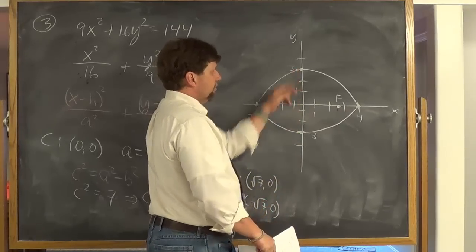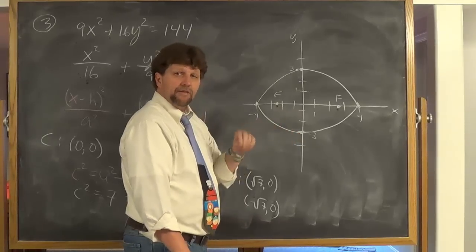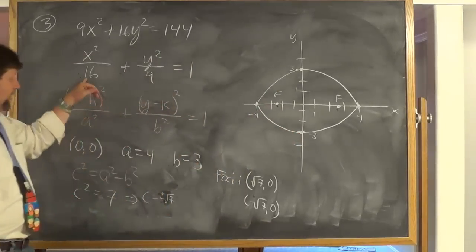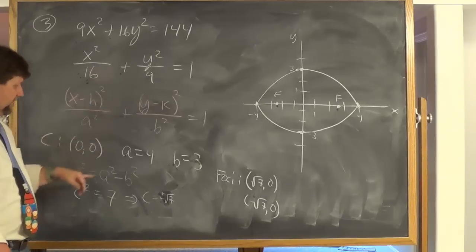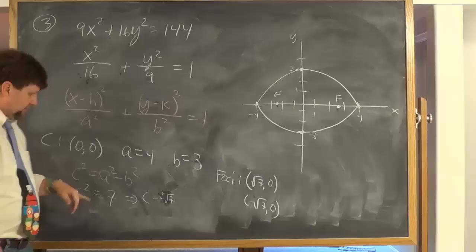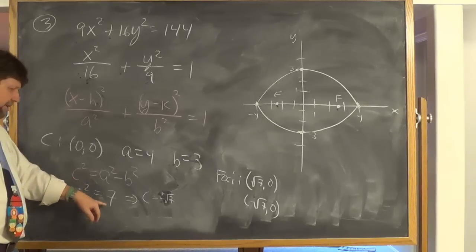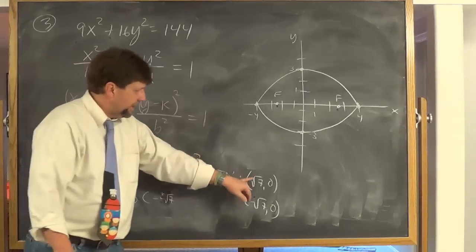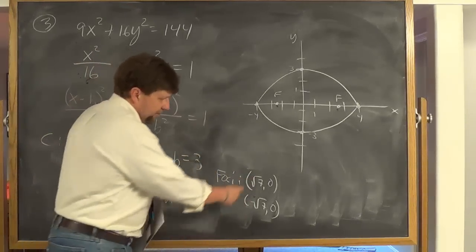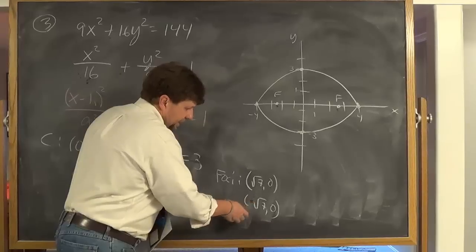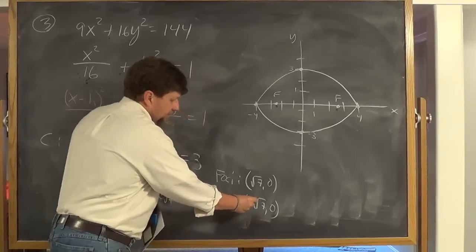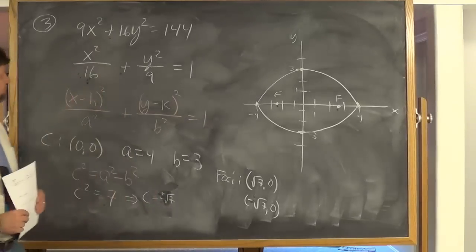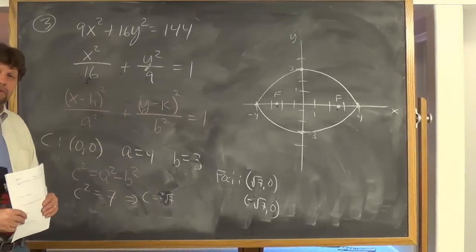The b value of 3 allowed me to label the endpoints of the minor axes, just by counting. And then knowing a squared and b squared were 16 and 9 respectively allowed me to get c squared as 7, which gave me a c value of square root 7, and I was able to locate the foci at square root 7 and negative square root 7. So that's it for number 3.